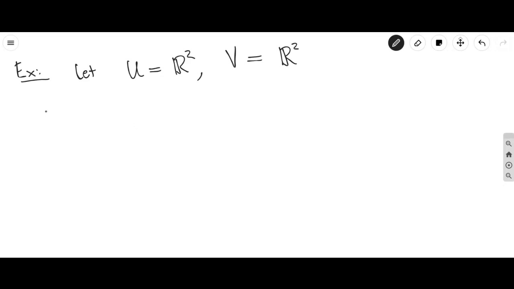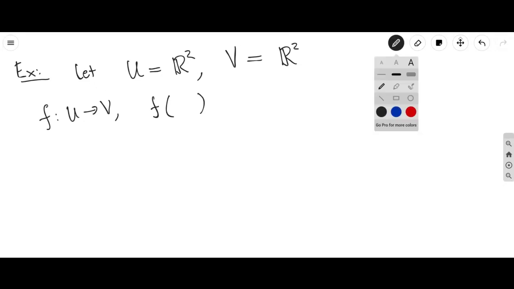Make it as simple as possible. And f is a function from U to V, and is going to be a smooth function. Usually the variables that we use for U, we call them x1 or x2, but I'm going to use polar coordinate symbols. I'm going to call these r and theta, and for the other one, I'm going to call them x and y.